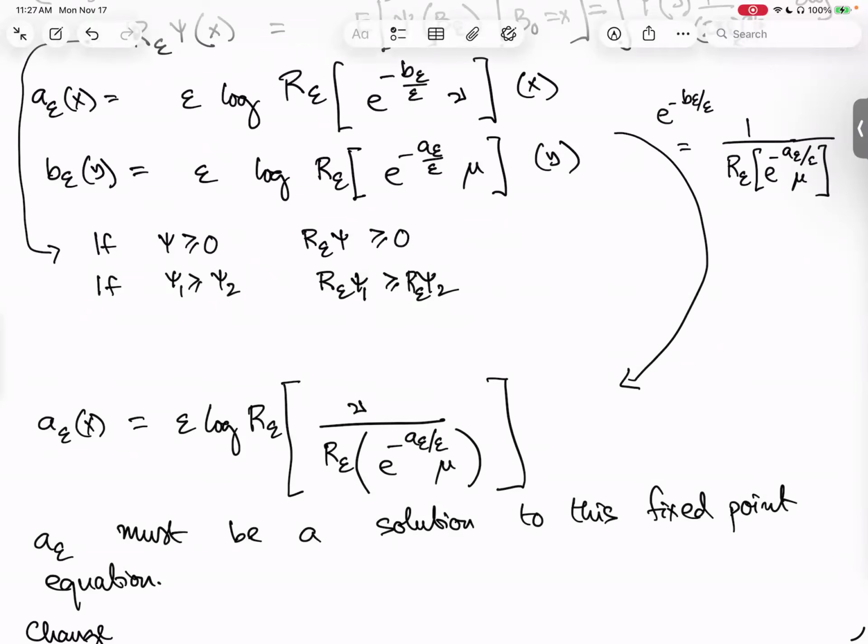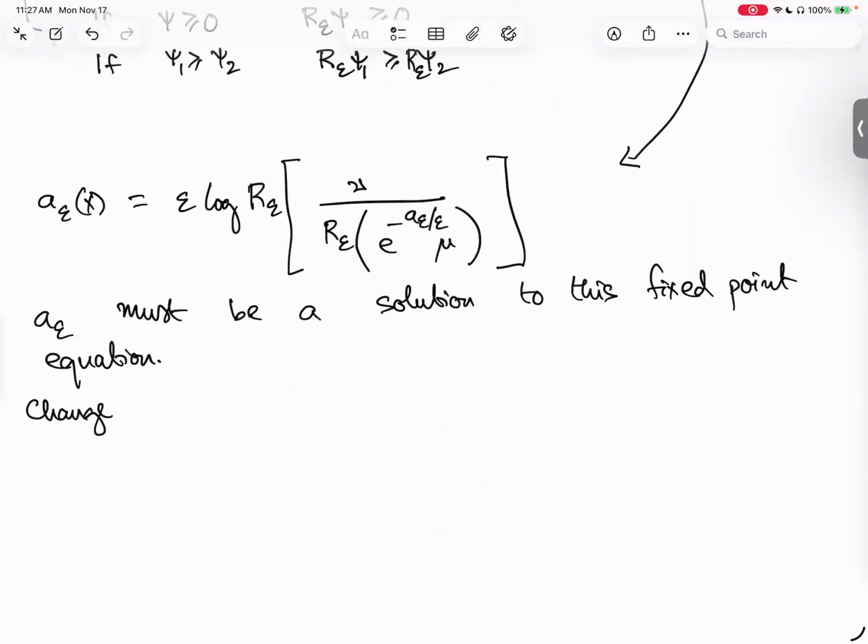On the right-hand side, I have an integral operator R epsilon acting on e to the power minus A epsilon, which gives some additional smoothness. Then I have another R epsilon acting, which gives another additional smoothness. Therefore, A epsilon must be smooth. This is how the proofs typically go: if it has to be a solution of the fixed point equation, it must be smooth.